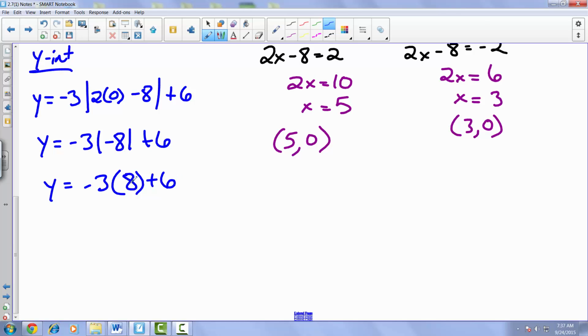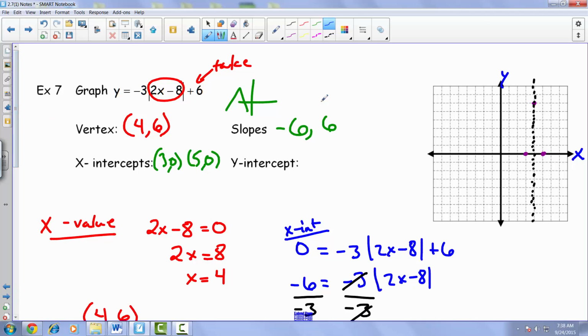Negative 3 times 8 gives us negative 24 plus 6, which just comes out to be negative 18. So it looks like our y-intercept is occurring at 0, comma, negative 18. So that would be somewhere way down here.